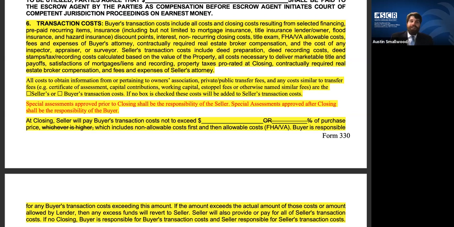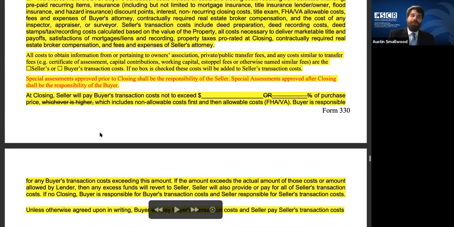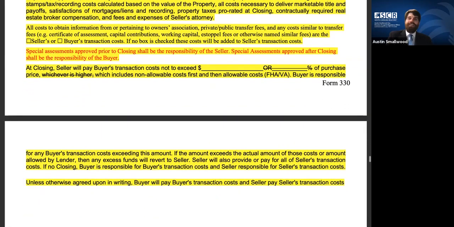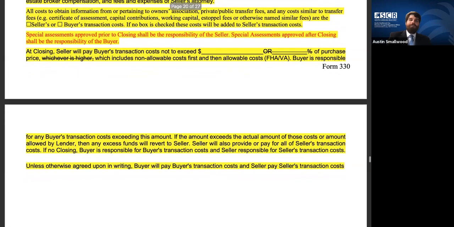This is simply saying that any special assessments approved prior to closing are going to be the responsibility of the seller. Any special assessments approved after closing are going to be those of the buyer. So just make sure that parties are aware of that if there are any special assessments involved in the property. And then the seller is going to pay buyer's transaction costs not to exceed a certain amount. We got rid of the portion about the percentage.